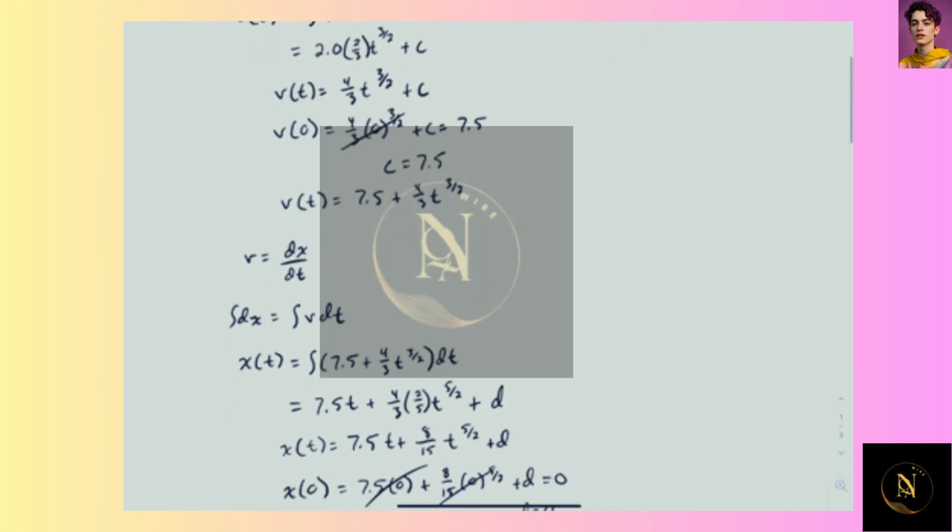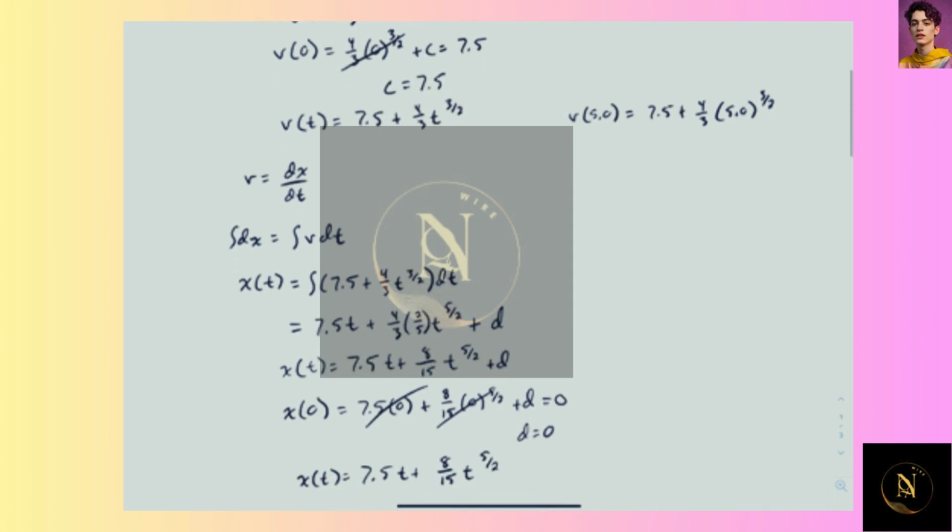And our velocity at 5 is 7.5 plus 4/3 times 5 to the 3/2. And that gives us about 22.4 meters per second.